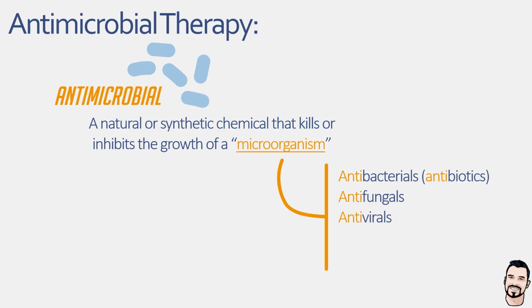Antivirals are designed to act against viruses, which aren't living cells, but infectious particles that replicate only inside host cells, and so they require very specific targeted therapies to limit the toxicity to the host. For parasitic infections, we use antiparasitic drugs, and for protozoan infections, we use antiprotozoals.